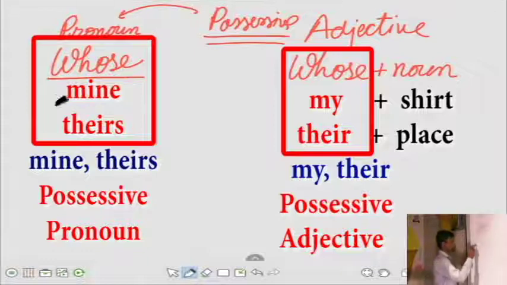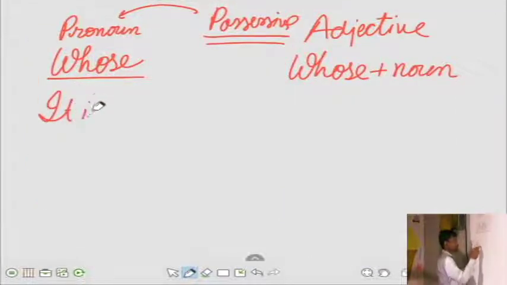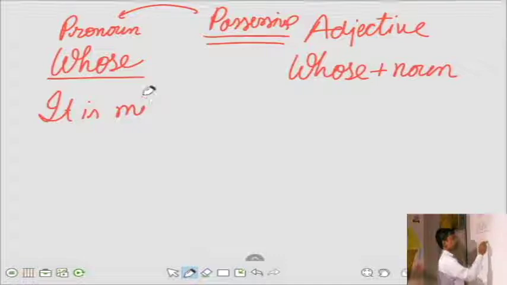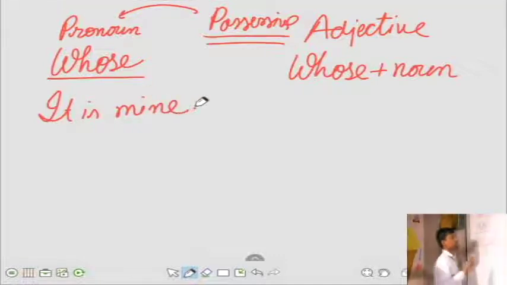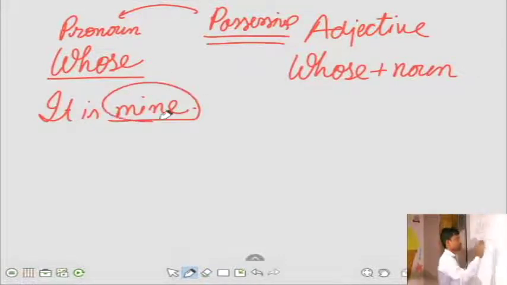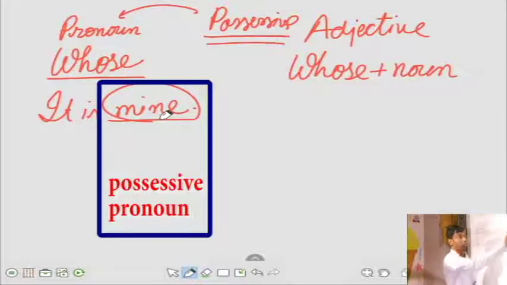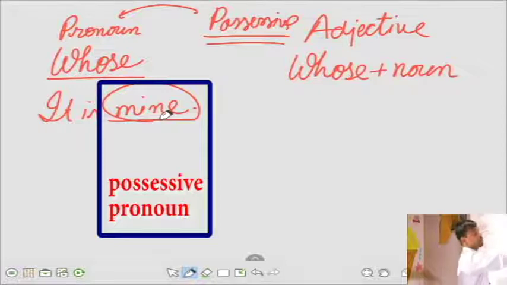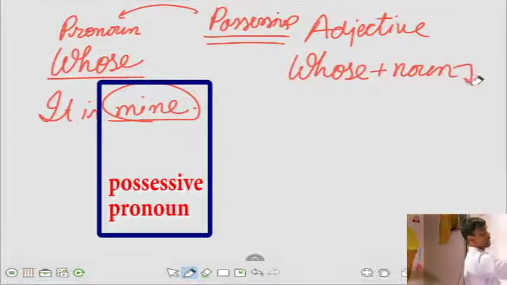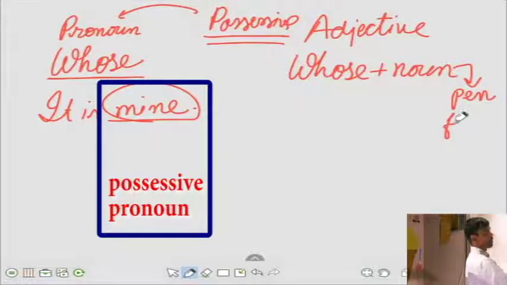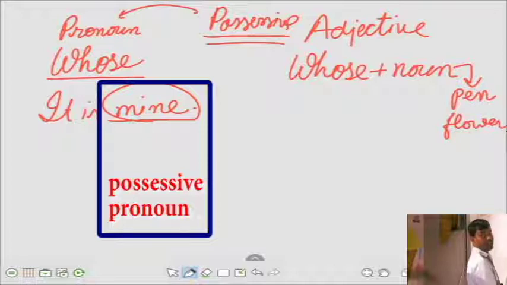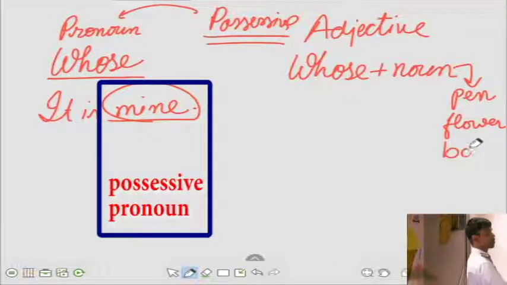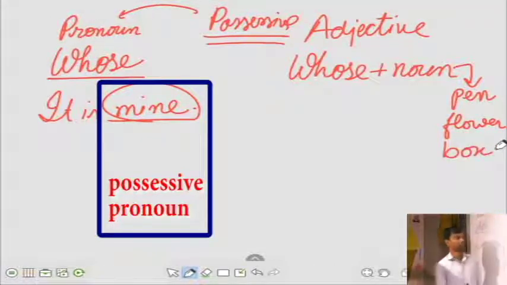So, it is mine. Whose? It is mine. It ends in one word, mine. Whose plus noun. Now take a noun, for example, pen, flower, water, milk, box.